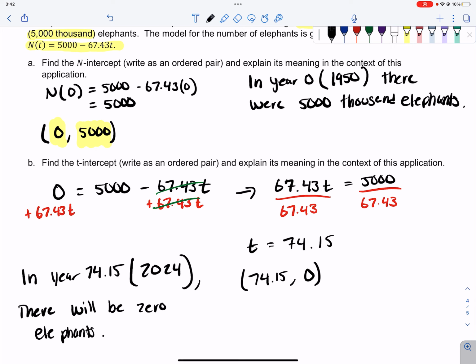So hopefully they made changes and they're not going extinct anymore, but according to the model that we had been given, that would be what would happen.